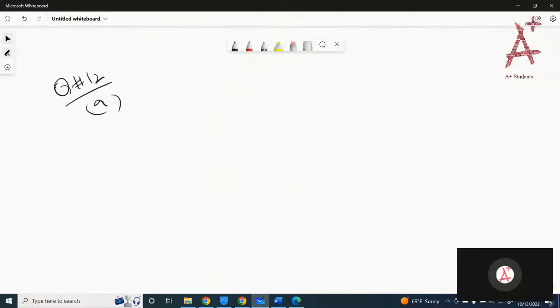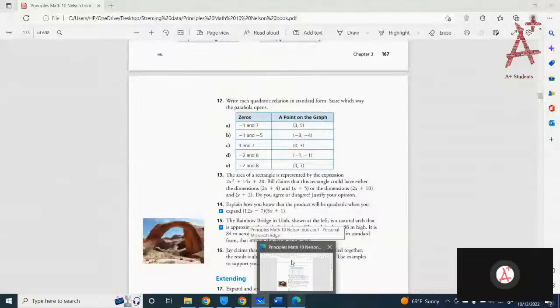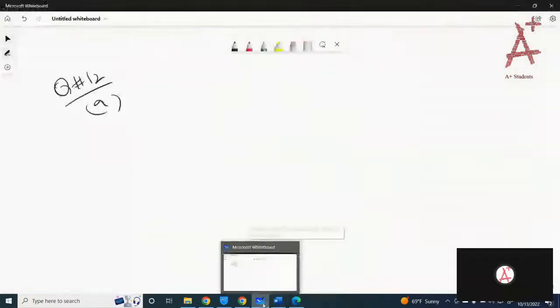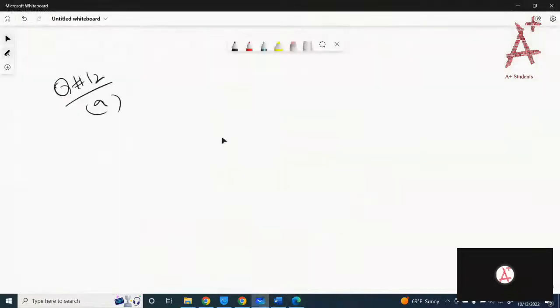The zeros are -1 and 7 and the point is (3, 5). Zeros are given, -1 and 7, and the point on the graph is (3, 5).